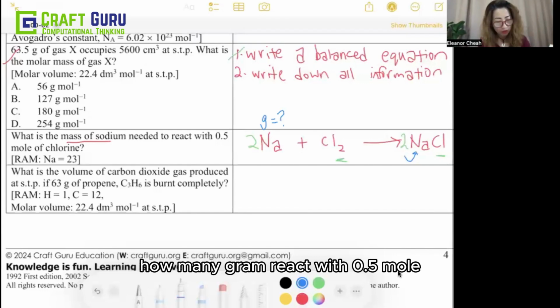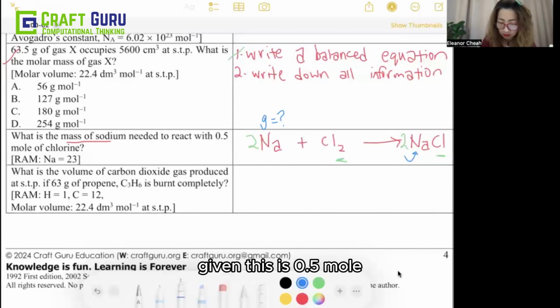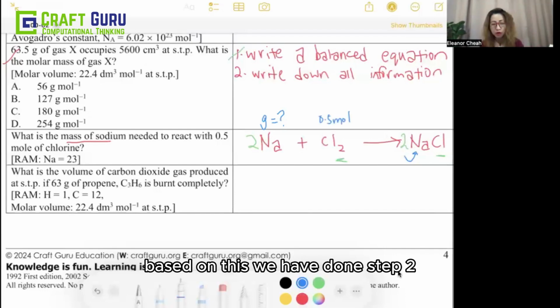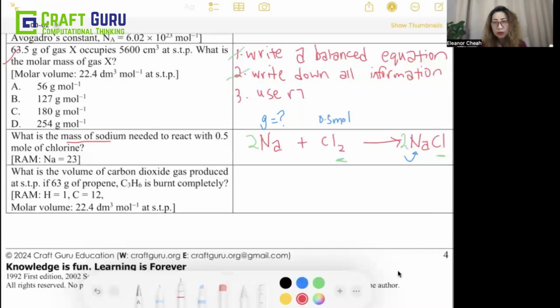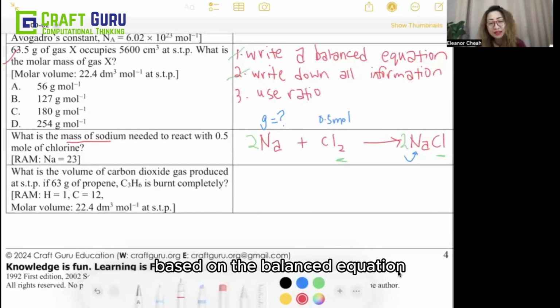React with 0.5 mole. So given this is 0.5 mole. Okay, so based on this, we have done step 2. Write down all information. Step 3, use ratio based on the balanced equation.